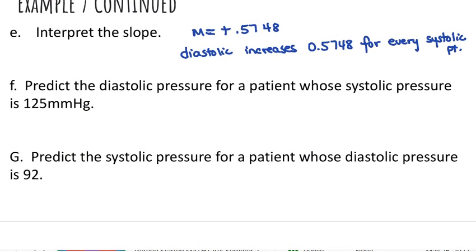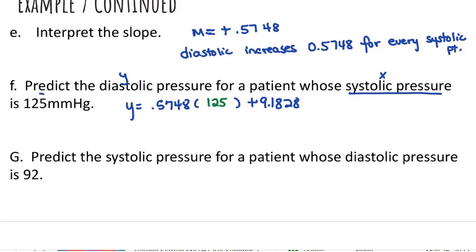So now we're doing a couple of predictions. If we have Y equals, and they're giving us the systolic blood pressure, which is the X, and they're asking us to predict the Y. So Y equals 0.5748 times X plus 9.1828, and we're subbing in 125 as our top number.